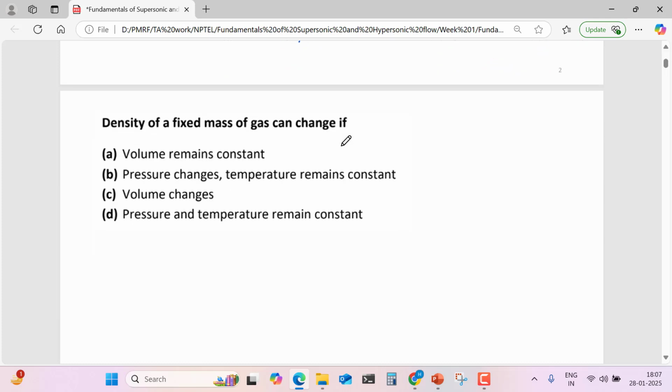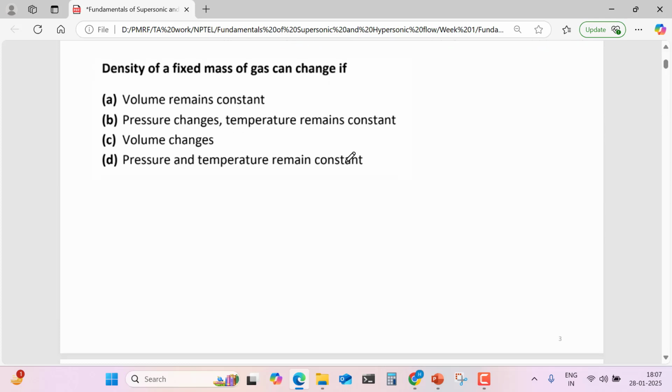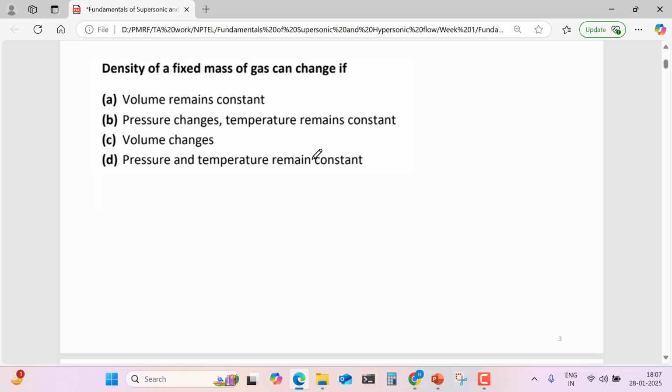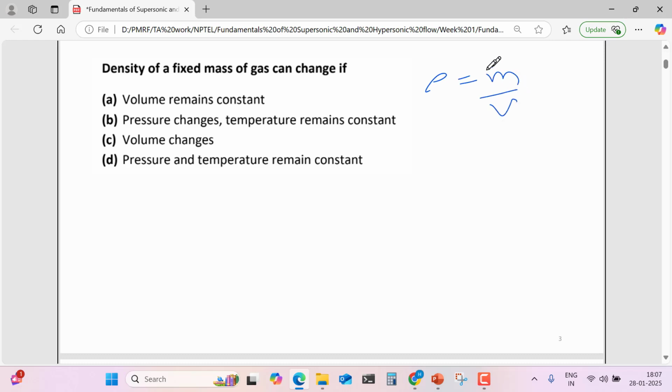Previous year there was one question related to this in the assignment: the density of a fixed mass of gas can change if, and there were 4 options, volume remains constant. Density is given by m upon V. So if mass is constant, and if volume is also constant, then density will also remain constant. Next, pressure changes and temperature remains constant. PV equal to mRT.